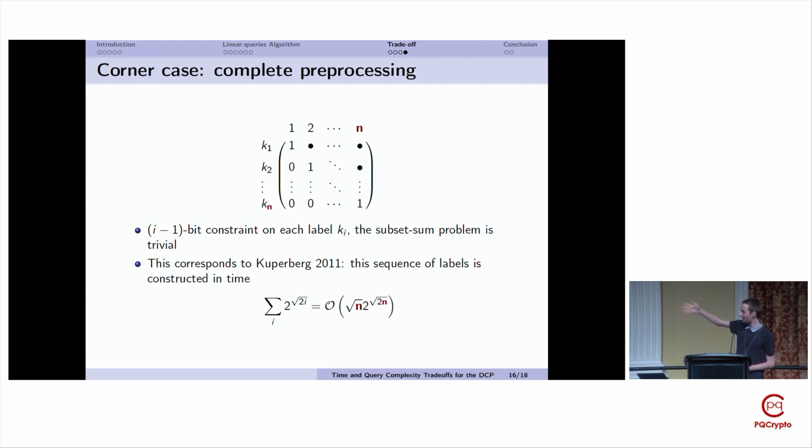And basically, this case is when you try to optimize using Kuperberg's 2011 procedure to recover the entire secret. This is what you obtain, square root of n times 2 to the square root of 2n. But in general, you can end up in the middle, and you will combine a quantum subset sum instance and then some preprocessing of the labels.